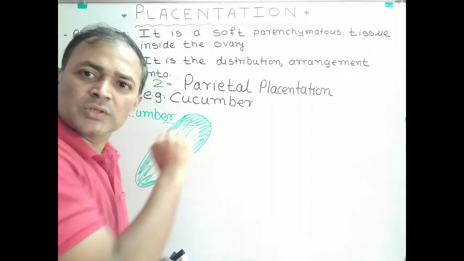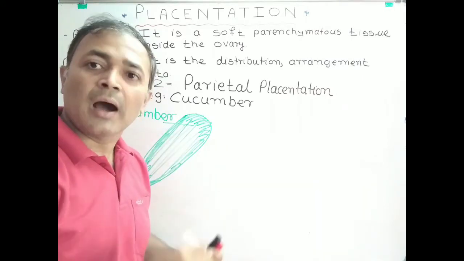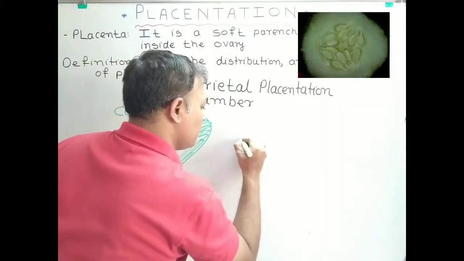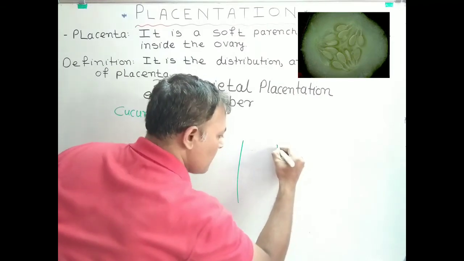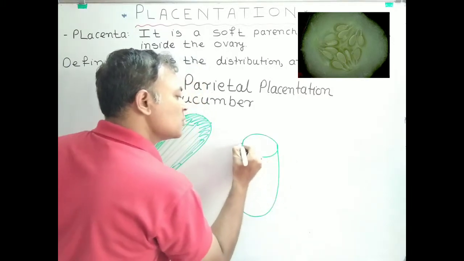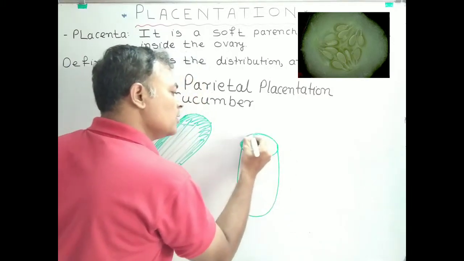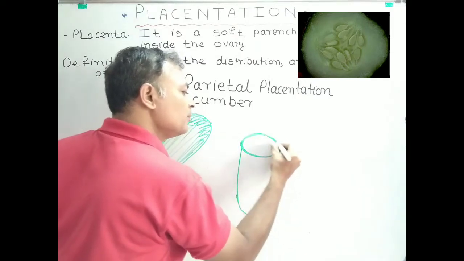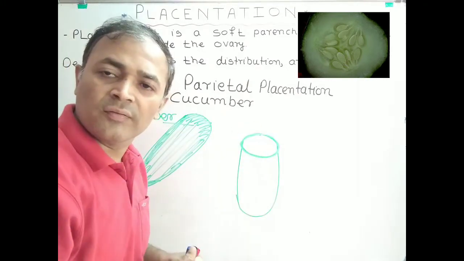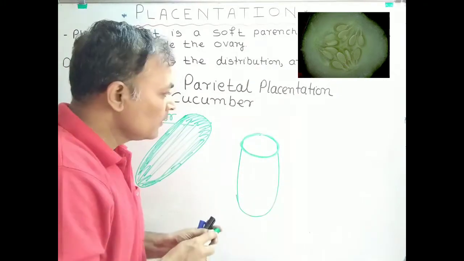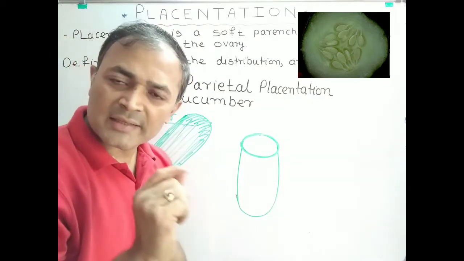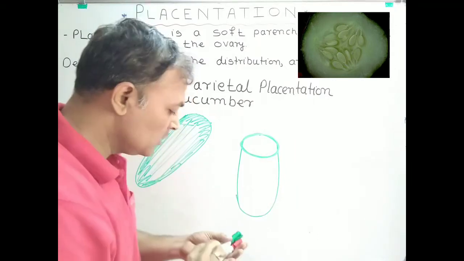Now I will take a transverse section of the cucumber to understand how the parietal placentation appears. Now this is a cucumber and I have taken the transverse section. Okay. Now this is the wall of the ovary, or you may say it is the wall of the cucumber. Towards the wall of the cucumber, we can see the placenta.